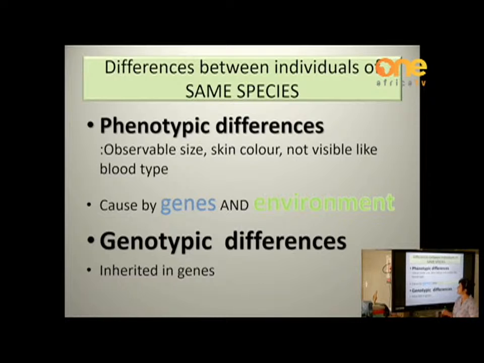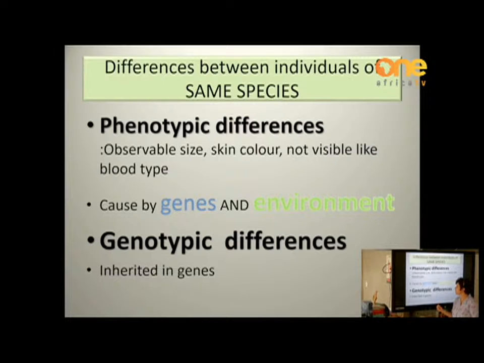Now, as I've said, this variation is caused by what we see in an individual, what we observe. And sometimes it is also not visible, like a person's blood type, but it can be A, B, O, or AB. But what causes that blood type?